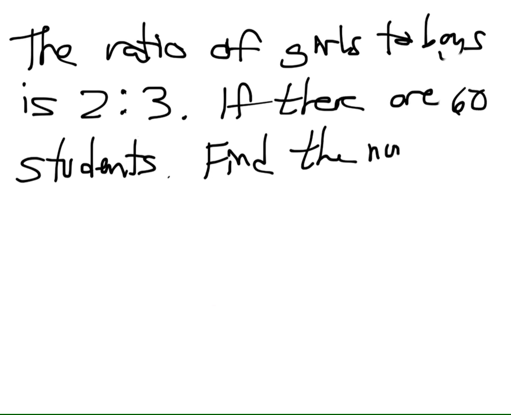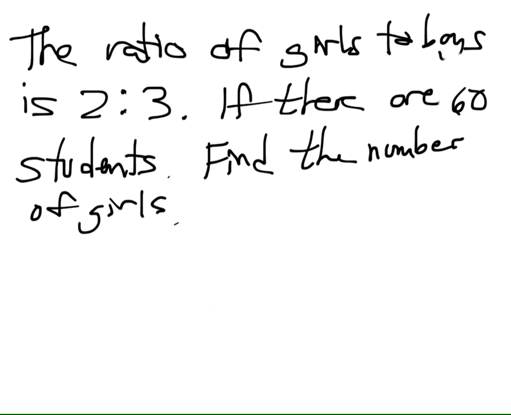Find the number of girls. So we changed it a little bit now. The ratio of girls to boys is still 2 to 3, so every 2 girls there's 3 boys. There's 60 total students, and I just want to know the number of girls.